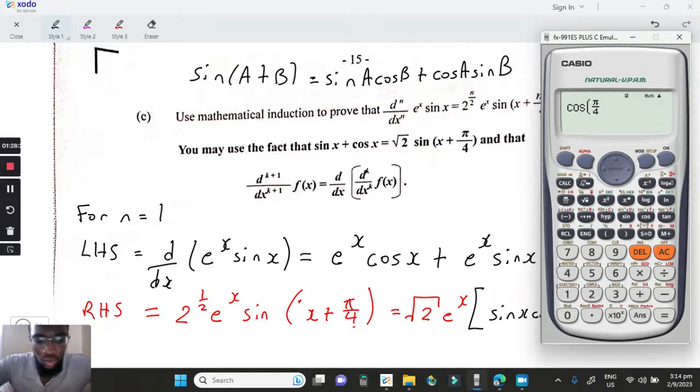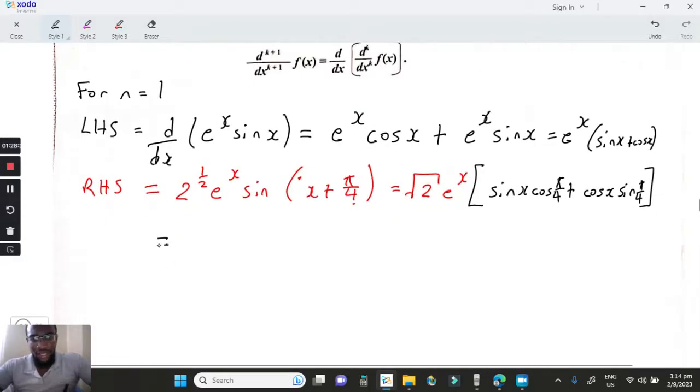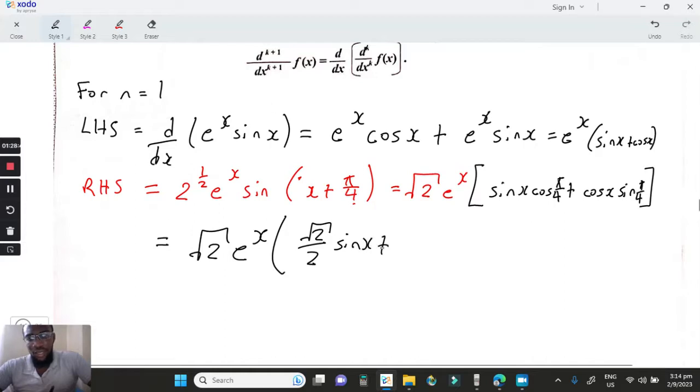I know it is root 2 over 2. So in that case now, our right hand side is working out to be root 2 e to the x times, this is now cos pi over 4, as I say, is root 2 over 2 sine x plus, this is now root 2 over 2 cos x.